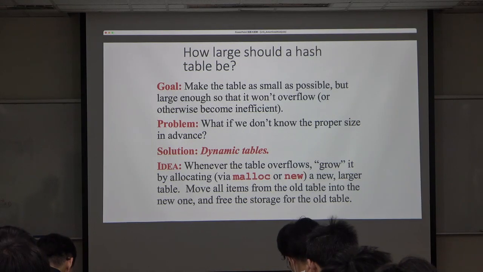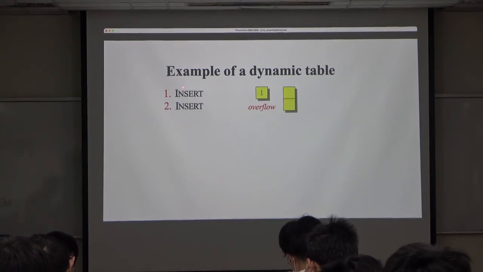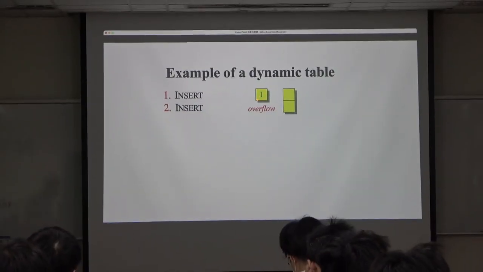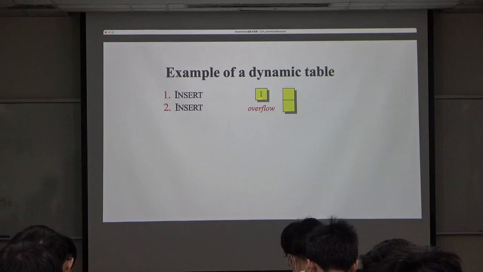So let's look at this example. At the very beginning, the table has only one unit. After you insert the first element, the second insert is going to overflow, right?